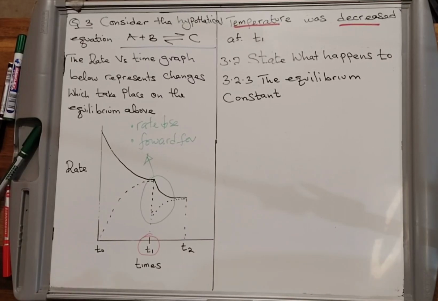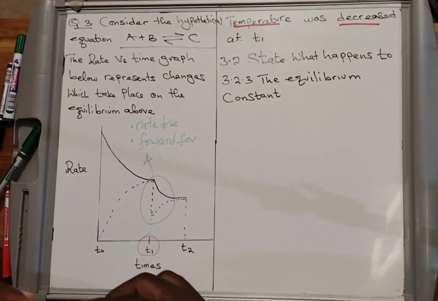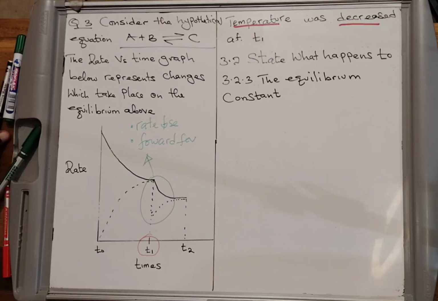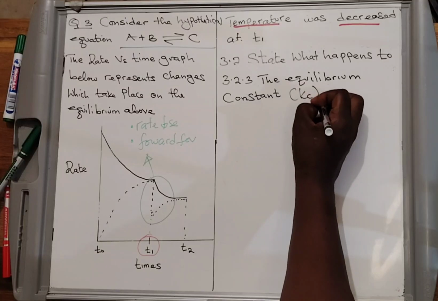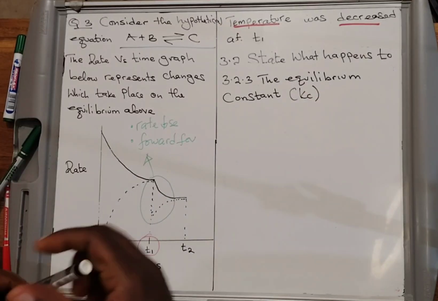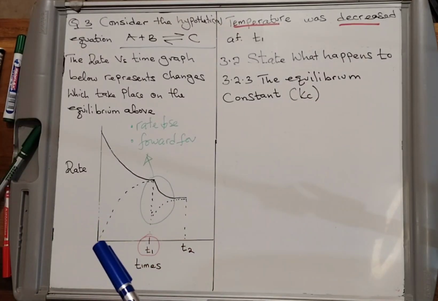Then comes this question. Remember, we are talking about temperature decrease. The question says, state what happens to the equilibrium constant Kc. What happens to the value of the equilibrium constant?